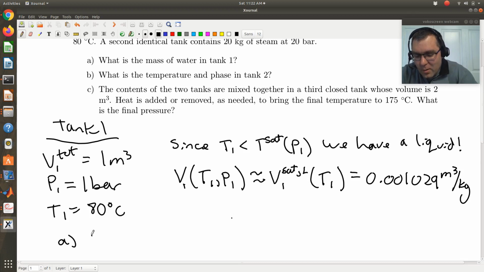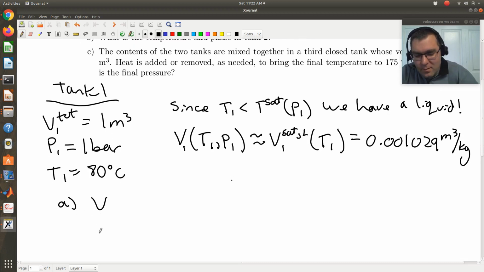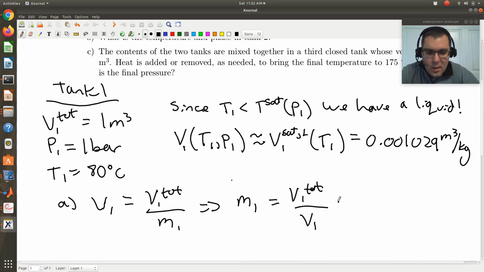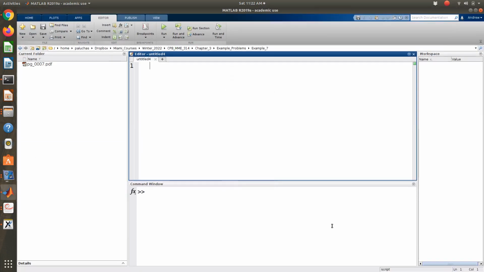Okay, well, I know that V1 is equal to V total divided by mass. So therefore, M1, my mass in this initial tank, is going to be equal to V1 total divided by V1. Let me type it in here so I have it.